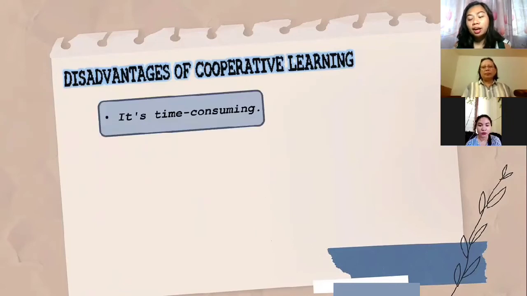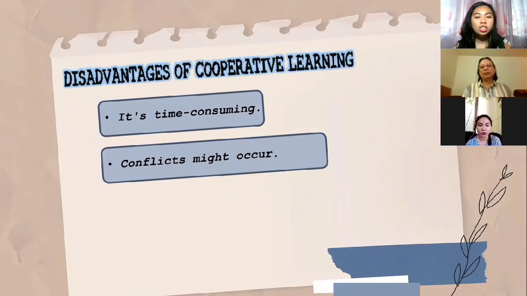Next, aside from those positives you get from cooperative learning activities, there are also disadvantages, of course. First is time consuming. It is time consuming because you have to wait for all groups to finish their task.